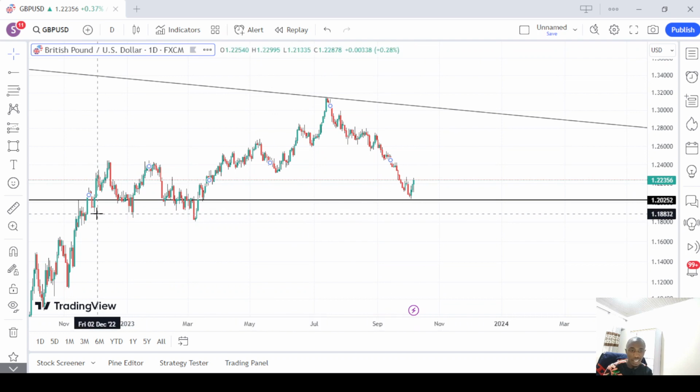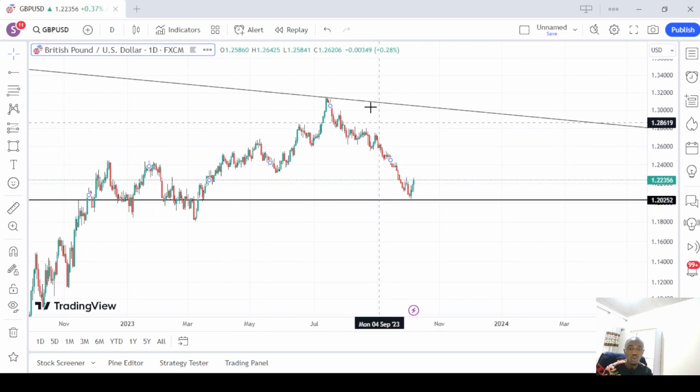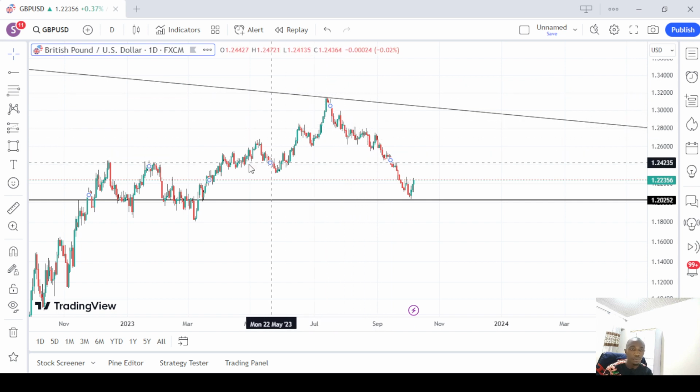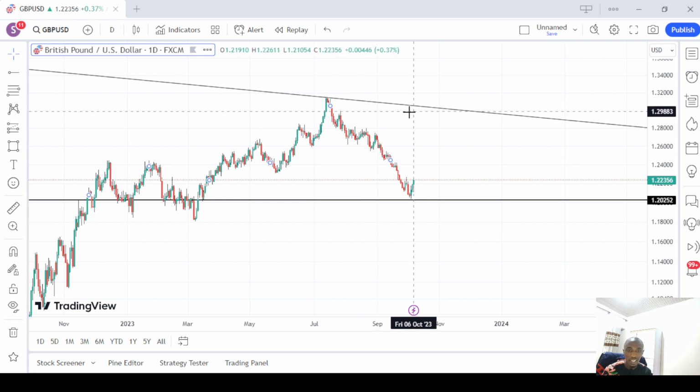You can see the minor zones aligning. You use your daily time frame to check the market structure and what is happening that day or for the week.